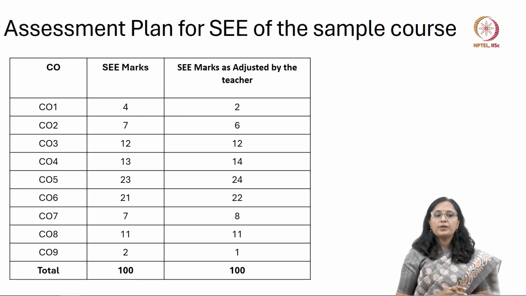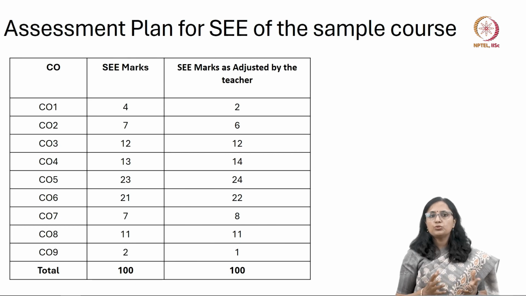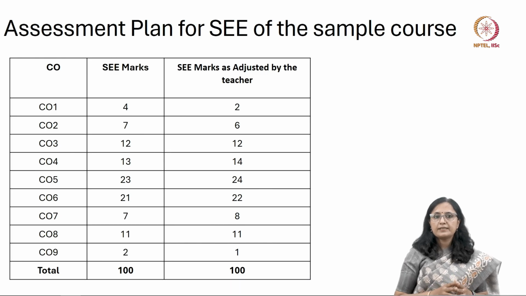Now, we know that we have 9 course outcomes, and we also know that the weightage for every course outcome can be calculated by dividing the number of class and lab hours by the total, which is 75. We have done this exercise in our last discussion.